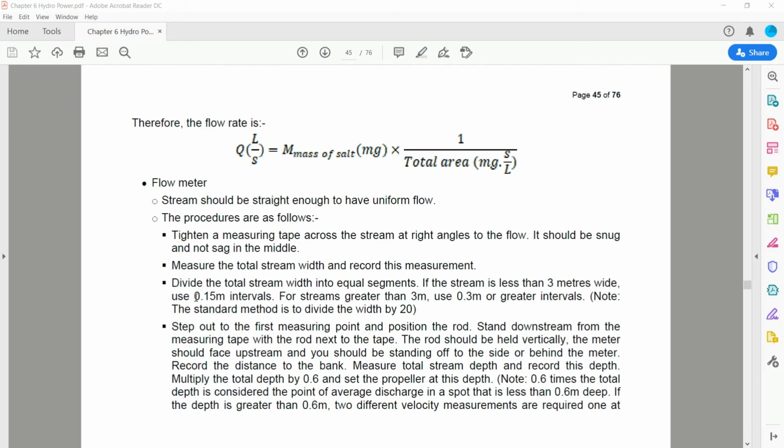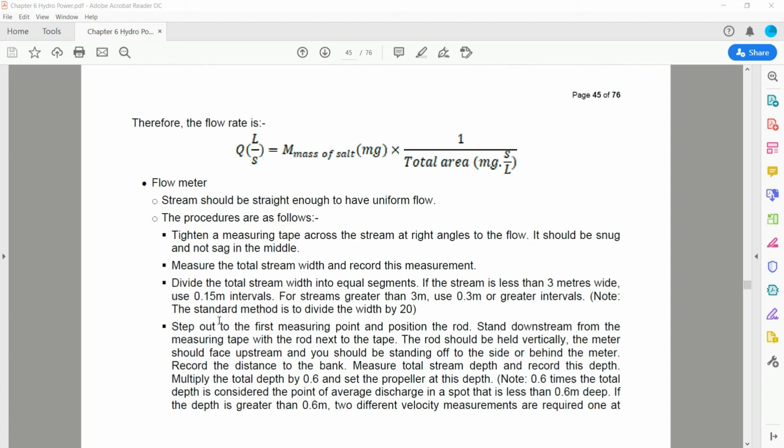For 3 meters, you get a 0.15 meter interval. For a stream greater than 10 meters, use a 0.3 meter or greater interval. Please take note, the standard method is to divide the width by 20. So 0.15 again we get when we divide 3 meters by 20.